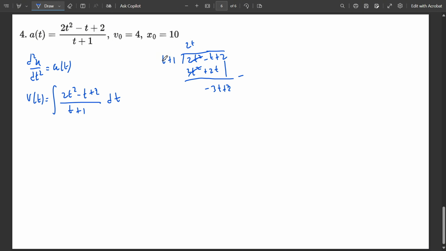Then we have minus 3, and minus 3 times t plus 1 gives minus 3t minus 3. Minus, this cancels out. 2 minus minus 3 is just 5. So this will become plus 5 over t plus 1.